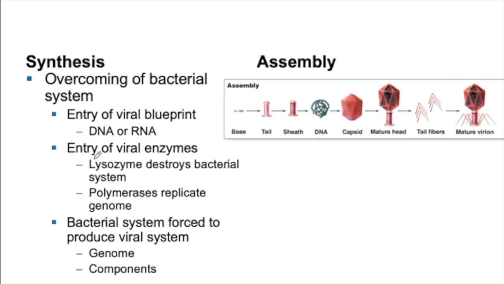The entry enzymes, so there are lysozymes that are released. There are polymerases that are also released or synthesized. Those are early enzymes that the virus has to synthesize once it enters the cell. It will then use the polymerase to make copies of itself. It will then be able to synthesize the protein that it needs to continue with its assembly.